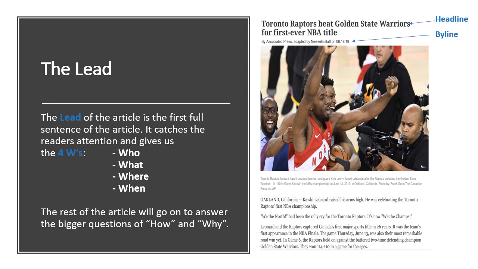The lead actually is this part right here. And we can tell that's the lead because it really gives us a who, what, where, and when of the whole story. So Oakland, California, Kawhi Leonard raised his arms high. He was celebrating the Toronto Raptors' first NBA championship.